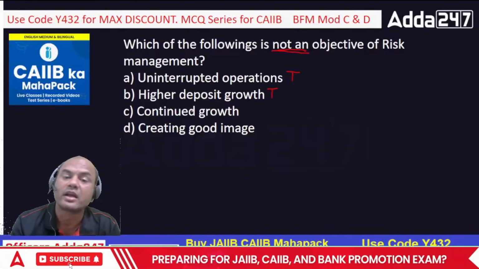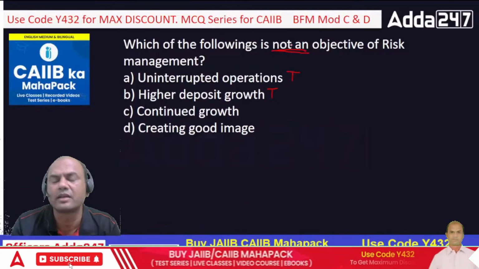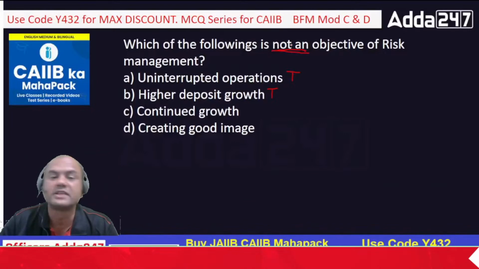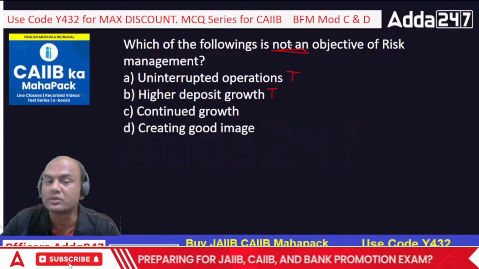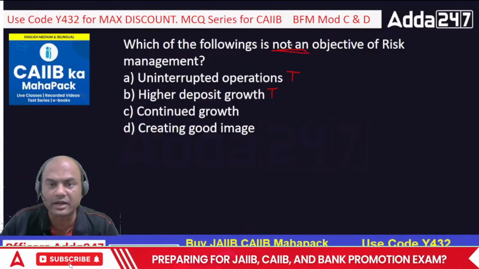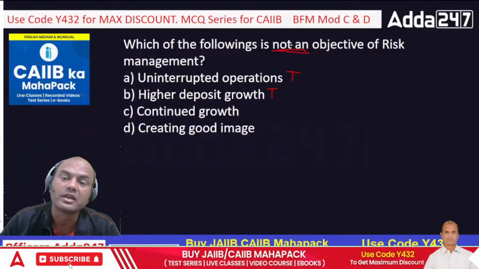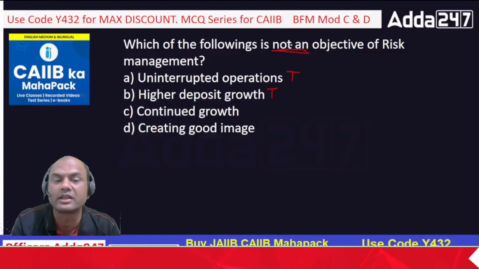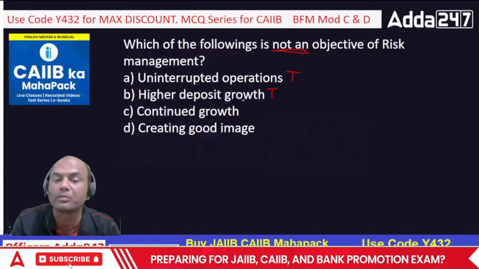Continued growth means continuous growth should be a main objective of risk management. See here, deposit growth is okay, higher deposit growth, but continuous growth you can't consider as a main objective, because continuous growth will be the objective of the top management.